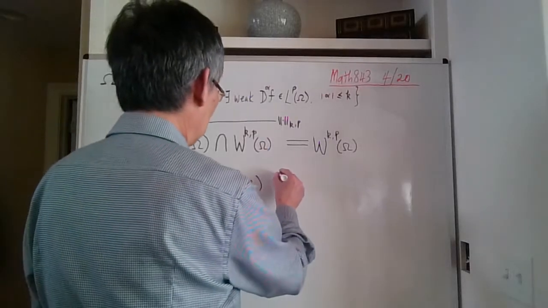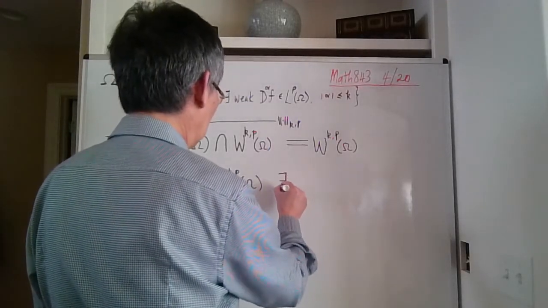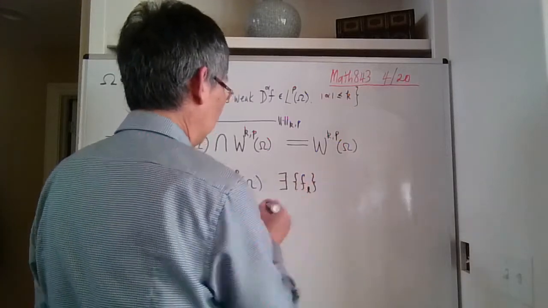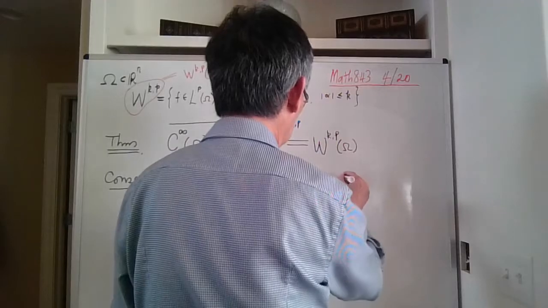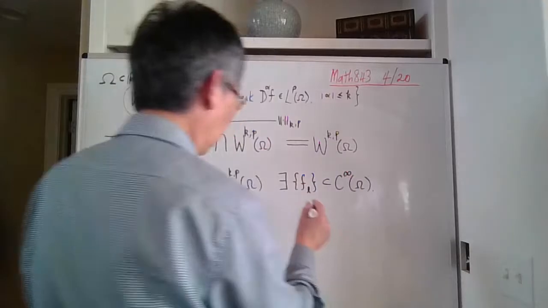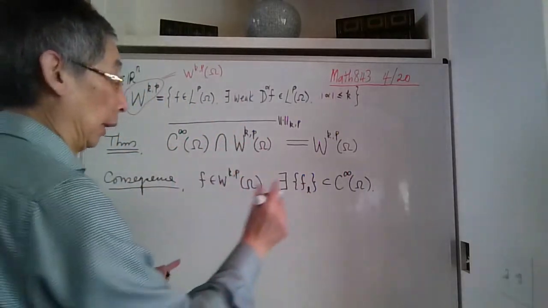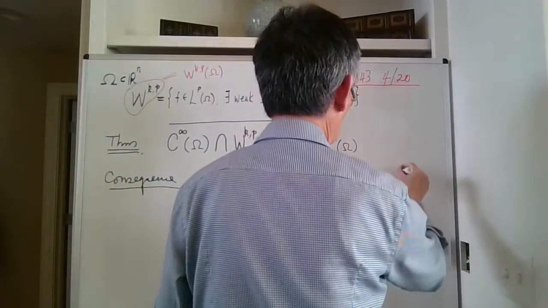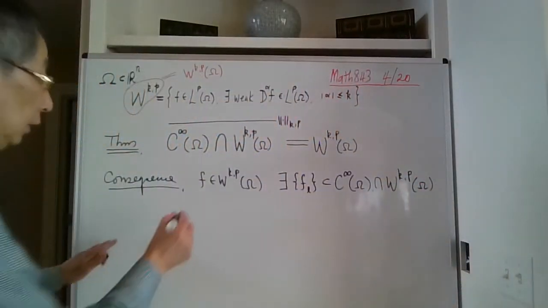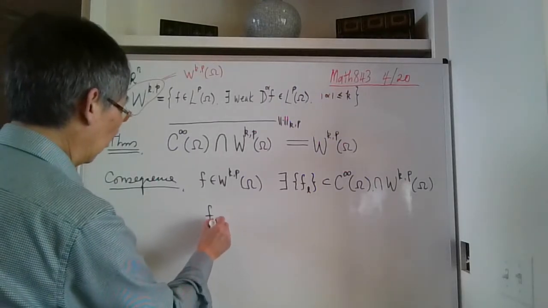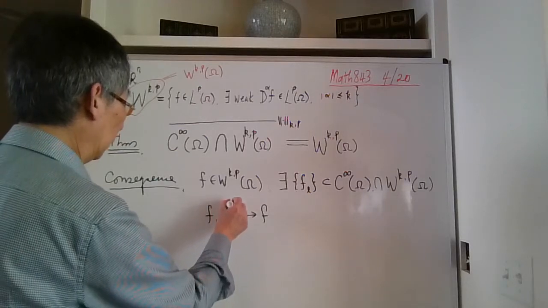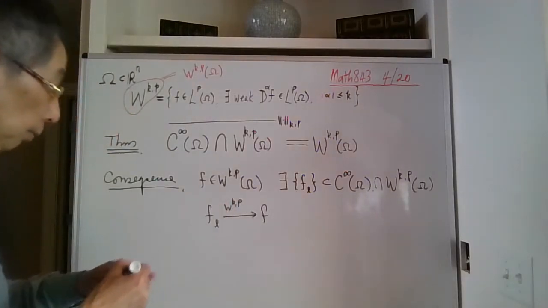But based on this result, there exists a sequence f_l of C infinity functions, which of course are also in W^{k,p}. So basically you can find infinitely smooth functions such that f_l converges to f in the W^{k,p} sense, in the W^{k,p} norm.